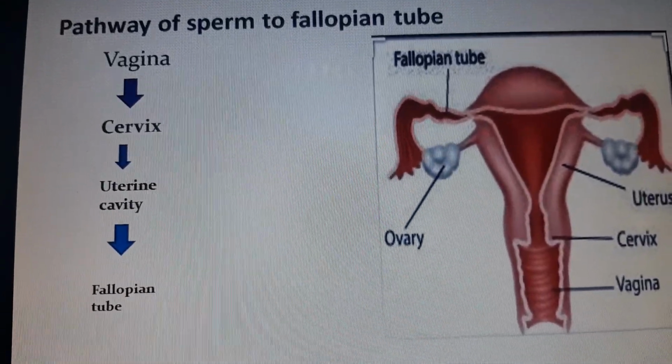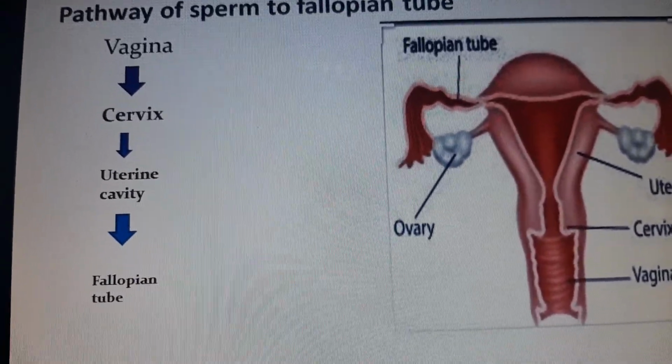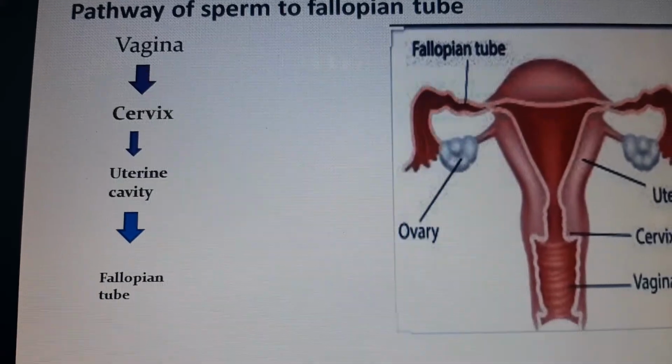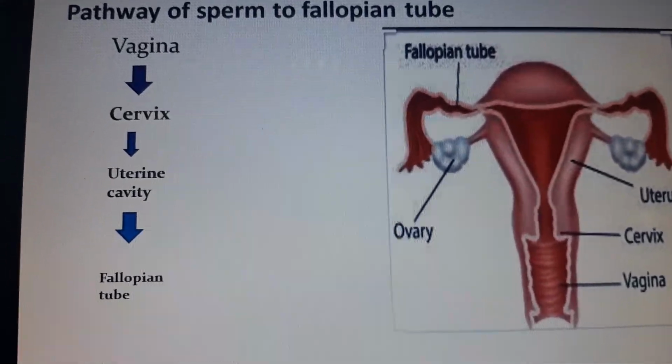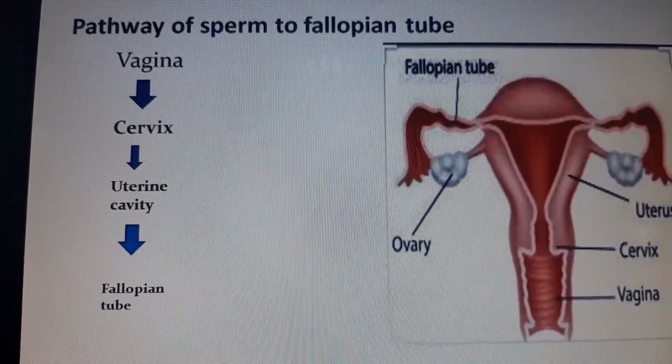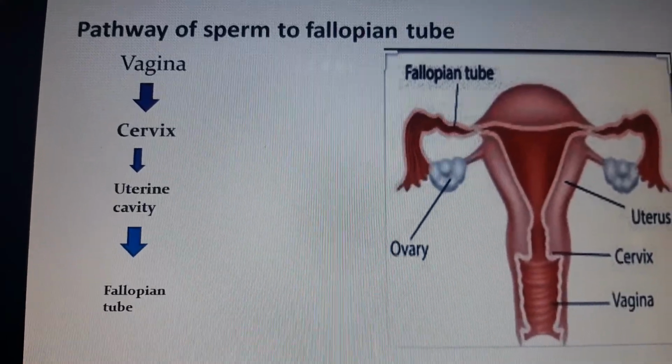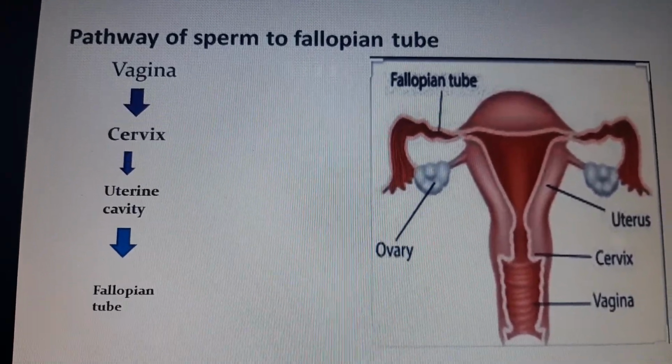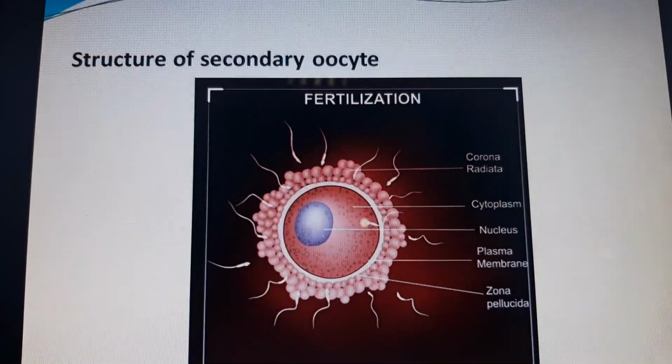First vagina, cervix, uterine cavity, then fallopian tube, and in the fallopian tube it goes to the ampulla where the egg is present from before, and there fertilization takes place.